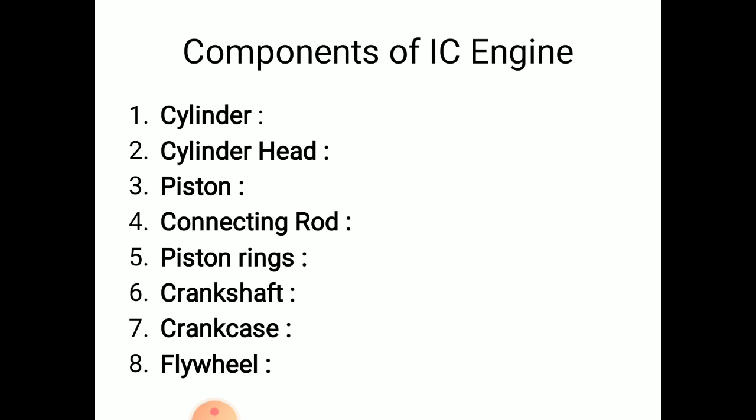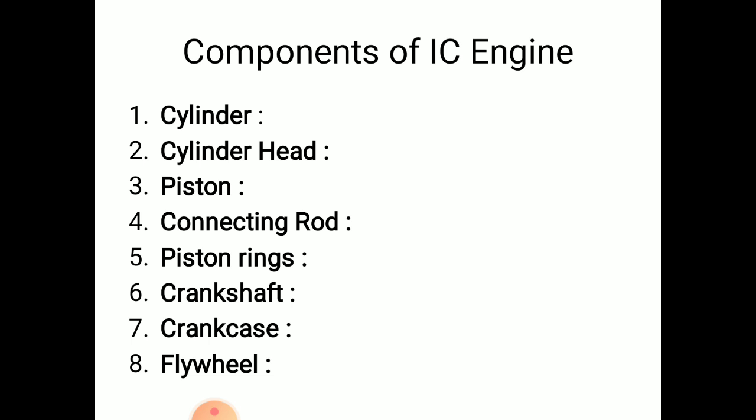The function of compression ring is to provide airtight seal to prevent leakage of burn gases, and the function of oil rings is to provide airtight seal to prevent the leakage of oil, and which one is made from the special steel alloys. Sixth one is crankshaft. Power is developed during the working stroke, and that we can get from the crankshaft.